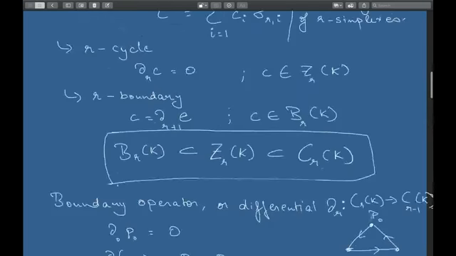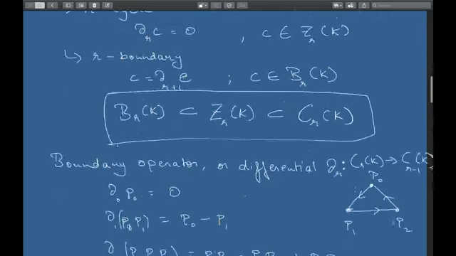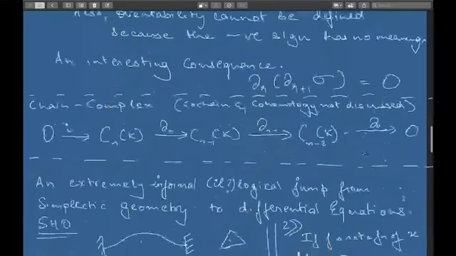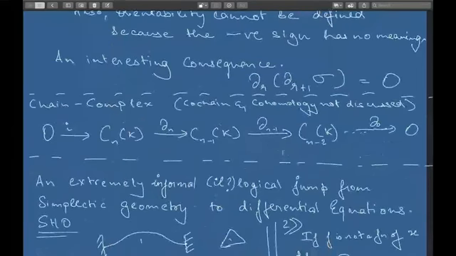For example, you apply the differential to this triangle, the simplex, then you get a collection of edges, right? Then you apply the differential again, you get a collection of points. When you apply the differential to a point, you get zero, and you reach the end, right? So if you have n dimensions, you have n complexes. This is called a chain complex.